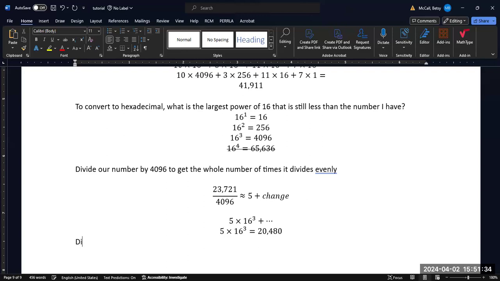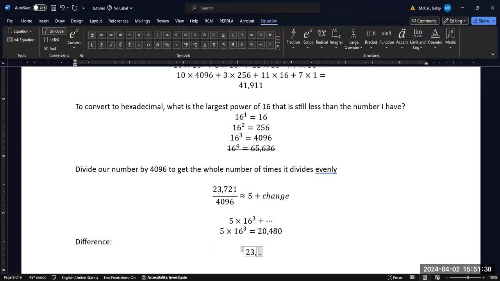So the difference is 23,721 minus 20,480, we get 3,241.